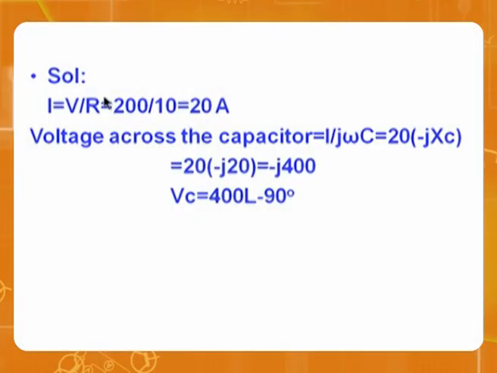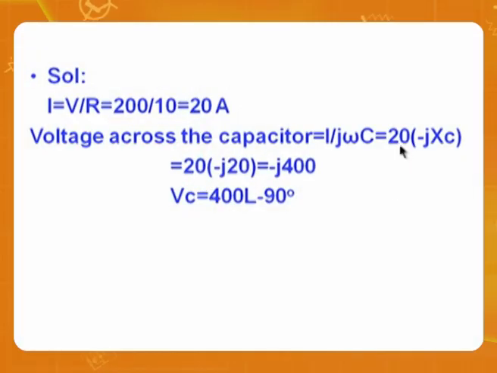Look at this. Suppose you have a RLC component connected in series. What is the current at resonance? At resonance, generally what will happen? Inductive, capacitive, they cancel. You will have only resistor. So voltage is 200, resistance is 10. Therefore the current flowing in the circuit is 20. So voltage across capacitor is how much? Very simply 20 into 1 by j omega c. 1 by j omega c is already given as this.